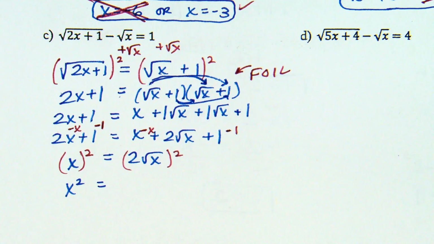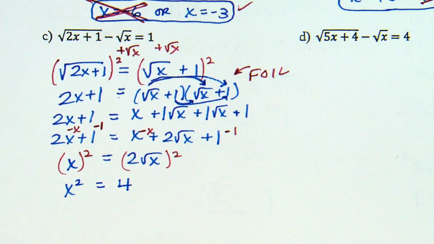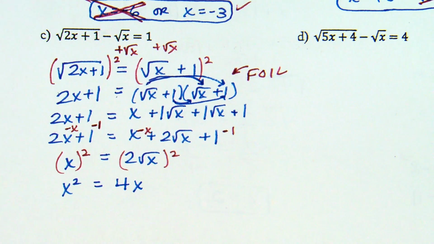Okay, 2 times 2 is 4. And that 4 is outside the radical, right? So it's just a 4. What is square root of x squared? X. So how about if I say 4x? Does that make sense? We haven't thought like that very much, so I know it's different.